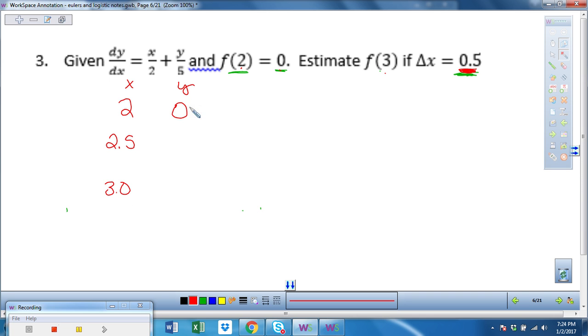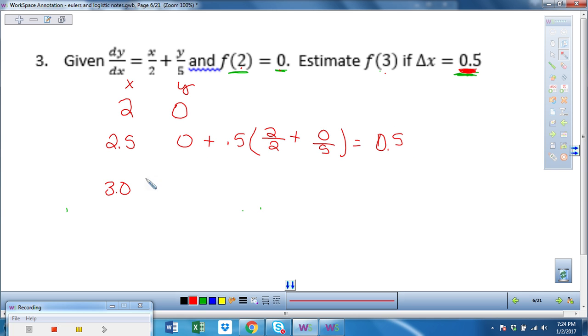Okay, so to get my y's, it's always my previous y plus my delta x, and now I'm evaluating this function using my previous x and my previous y. So that's going to give me 2 over 2 plus 0 over 5, and that gives me 0.5.